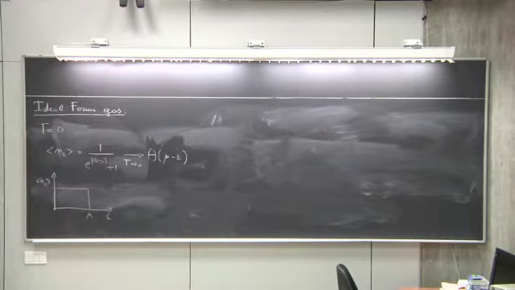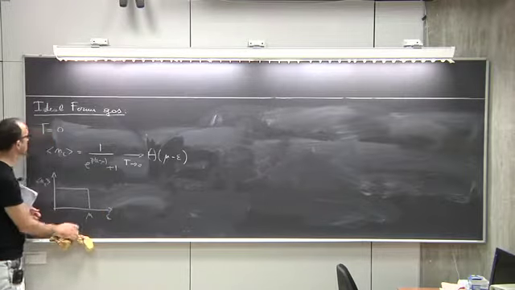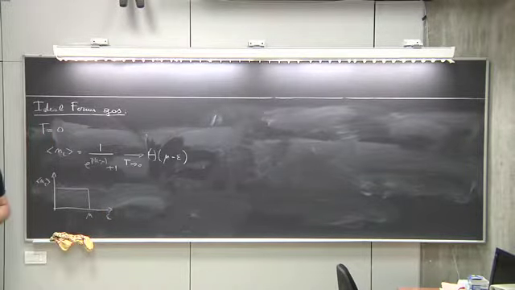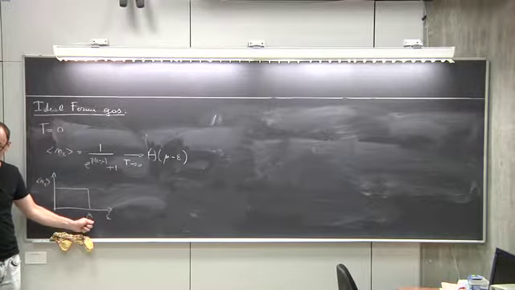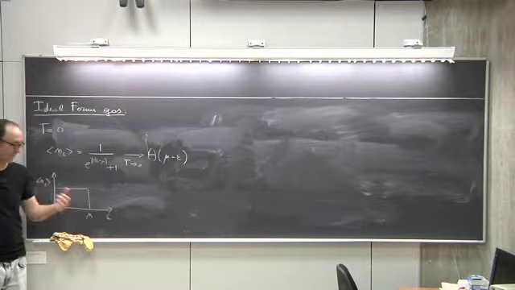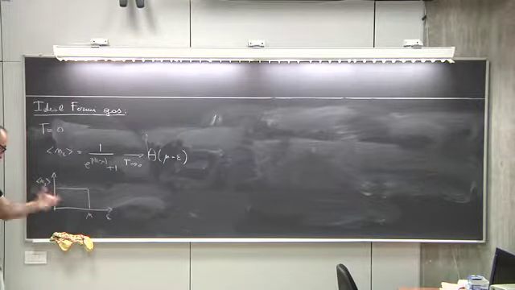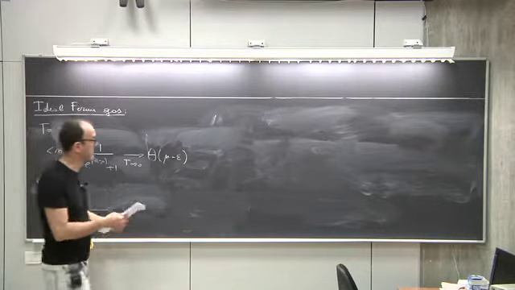Now, in order to compute the physical properties of my system at temperature equal to 0, what I only need to do is to compute what is mu as a function of the density.